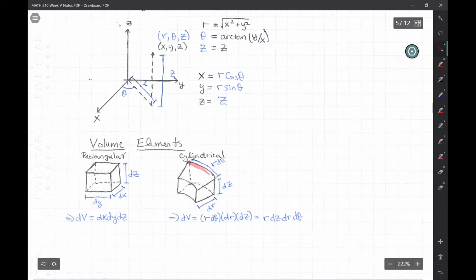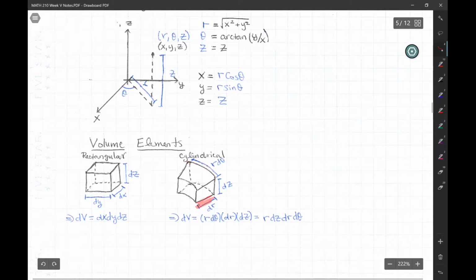Well, the outer arc there has a length of r d theta, okay? And this, again, if we were thinking about these in terms of physical quantities, theta doesn't have a unit, r does. So this has units of meters. r d theta would have units of meters in that case. And so that's the length of this outer part there.